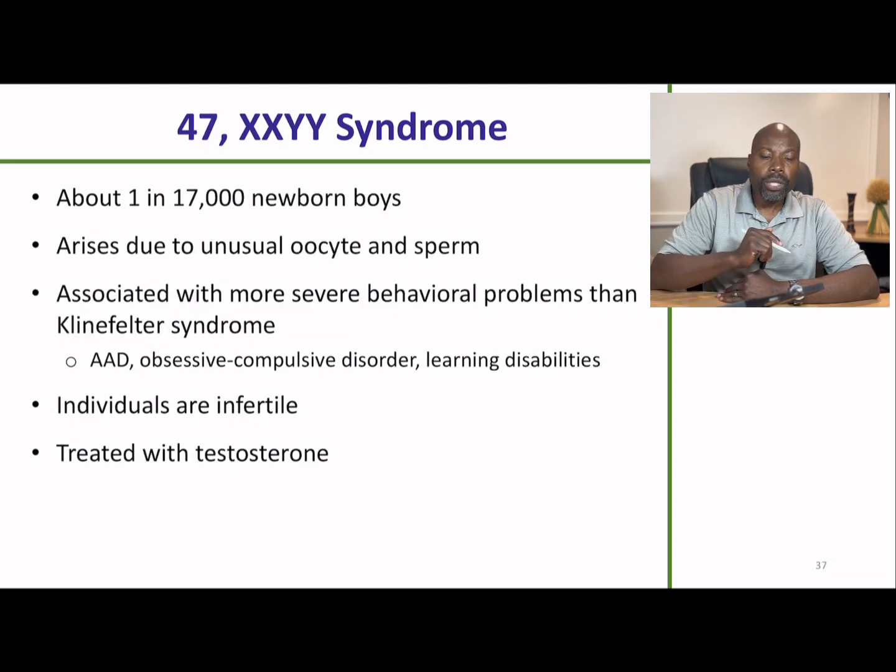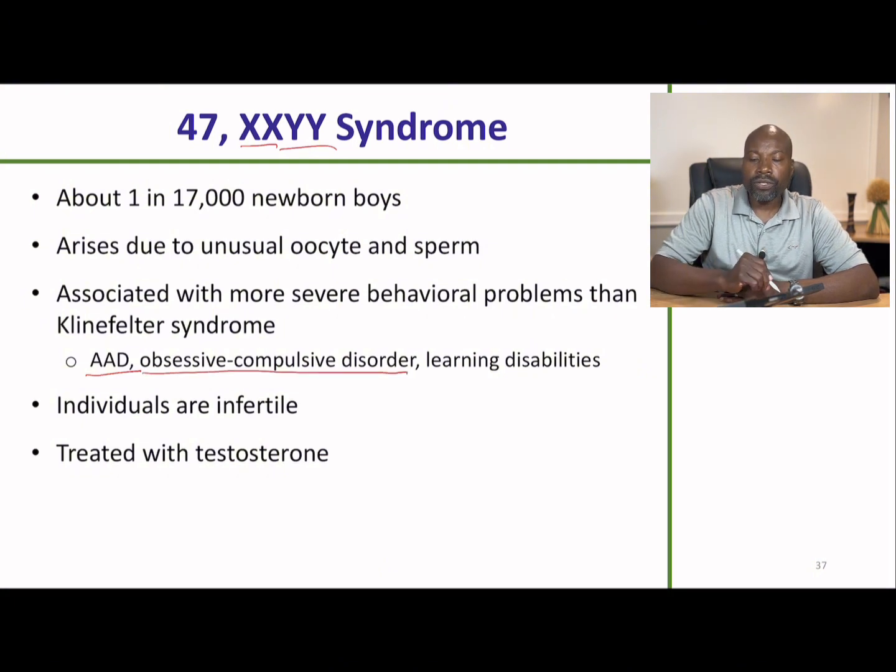right? We're going to have also individuals with double X and double Y. The syndrome associated with double X and double Y is basically ADD, right? Obsessive compulsive disorders.